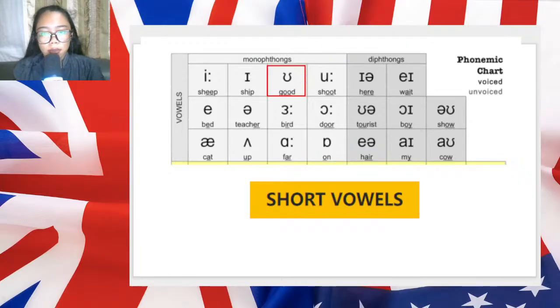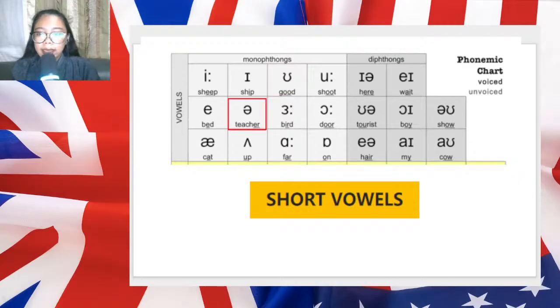Next to that is this one. Again. This is put, look, cook, good.